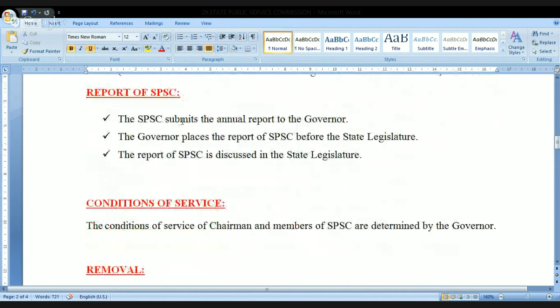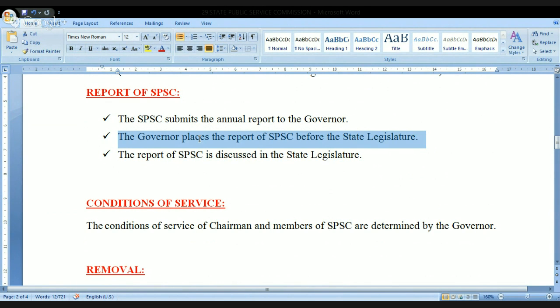The SPSC, that is the State Public Service Commission, will submit the annual report to the governor. And what the governor will do is also important from the examination point of view. The governor will place the report of the State Public Service Commission before the state legislature. See here, whatever the points I told you yesterday, it's just like a repetition.